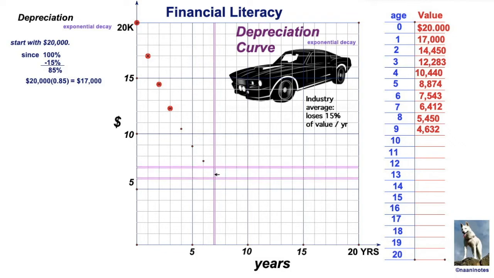This is 7,000. Just a little under halfway. 412. Here we go. Year number 8. And look what happens. Year number 9 is going to cross below 5,000. And you're starting to get this very interesting shape.